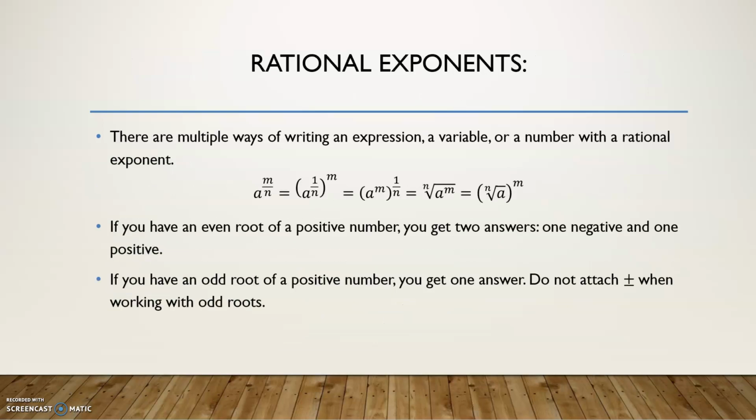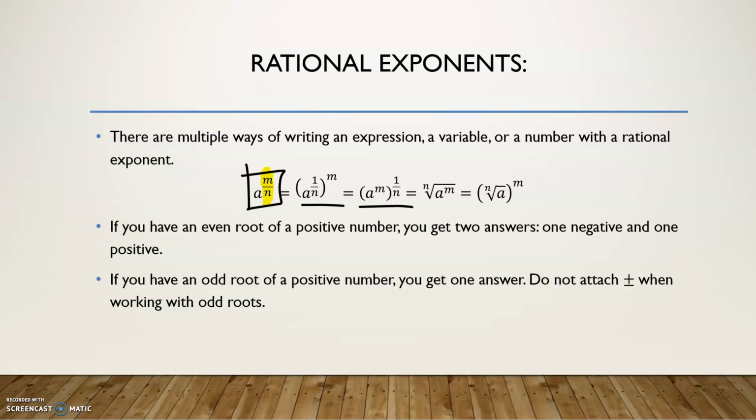Now there's a lot of different ways you can write a rational exponent, for an expression, for a variable, or for a number. Here's your expression or your variable or your number raised to your rational exponent, and here's your rational exponent right there, the m over n. You could change it to this or this or this format.